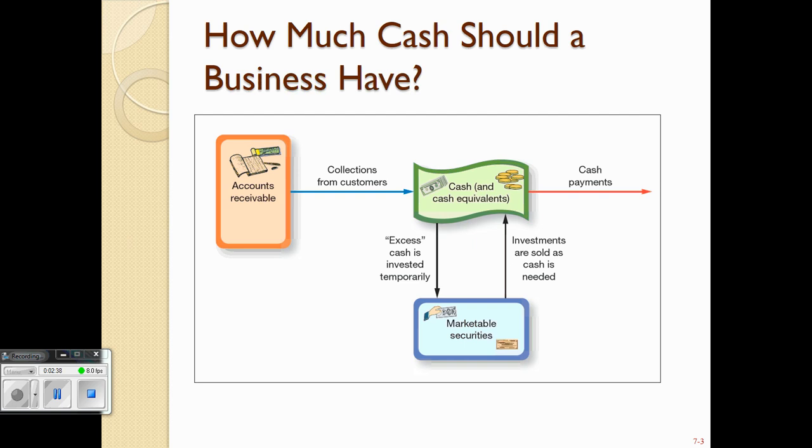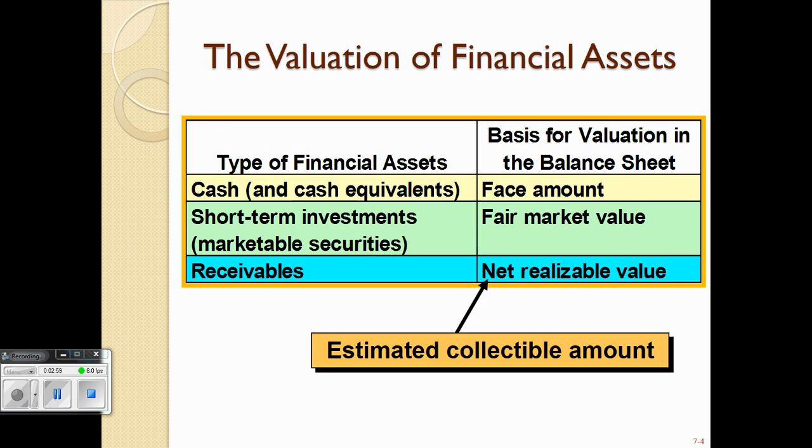And then when we need the money to pay employees, pay suppliers, put the new piece of equipment into our building, whatever, we sell those, okay, and then go ahead and use cash and cash equivalents to make those cash payments that are due. So that is basically what is going on with cash, okay.